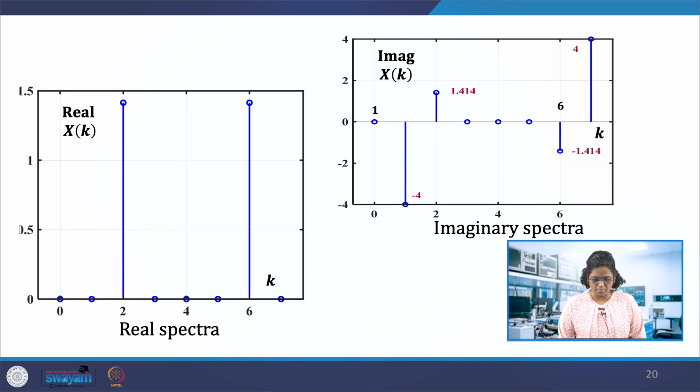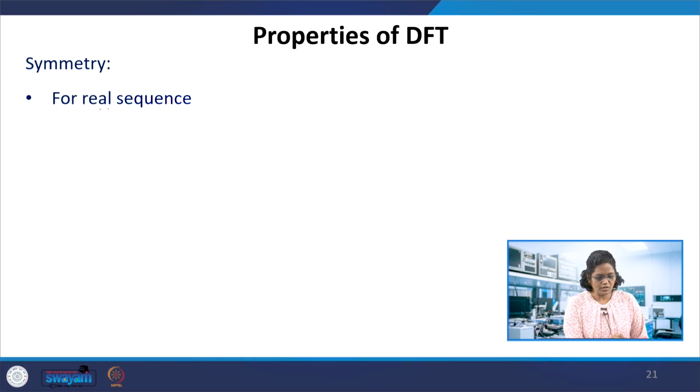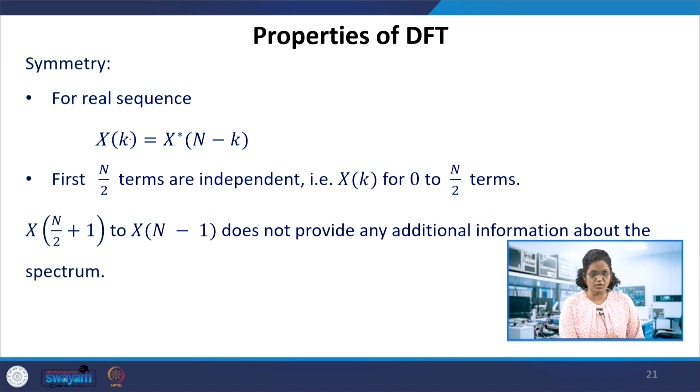This is just a representation of the real and imaginary parts. And for the properties, if we look into the symmetry for a real sequence like the x we had taken, Xk equals X conjugate of n minus k, that is 8 minus 1, which is 7. So X7 and X1 will be complex conjugates of each other. That can be identified from here.